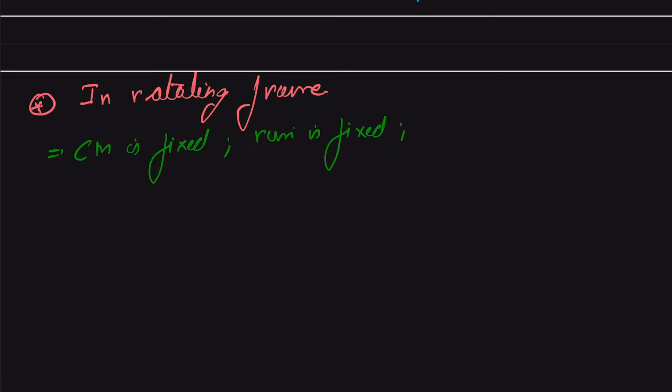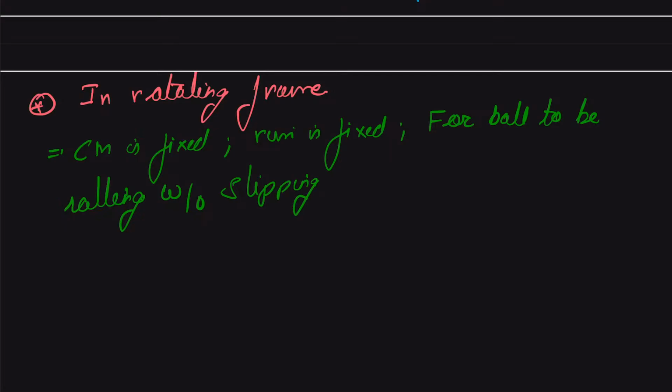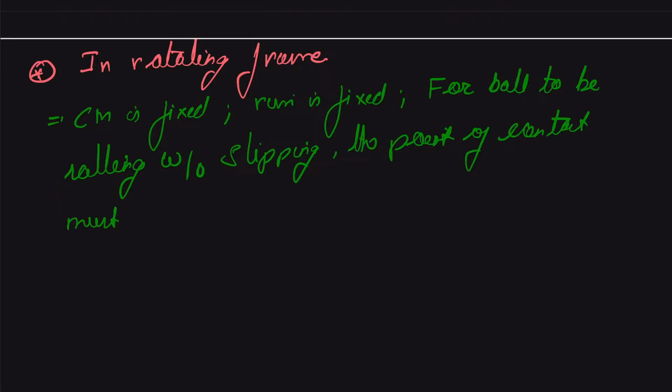And so we can say for the ball, means basketball, to be rolling without slipping, the point of contact must be momentarily at rest.